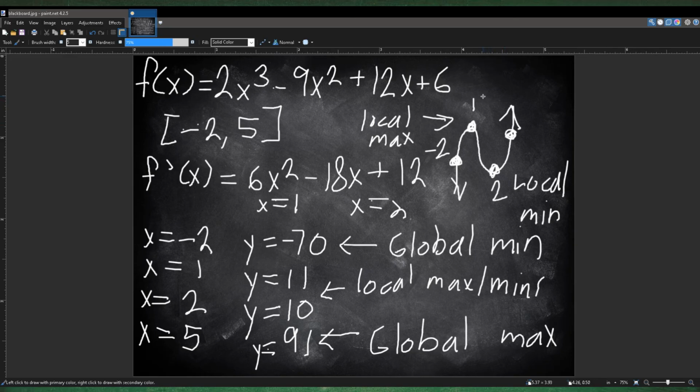It doesn't look like our global max, but since we're not scaling really well, technically x equal to 5 is somewhere over here where the curve keeps going. So this will be our global max. Same for here. This doesn't look like negative 2, but negative 2 is somewhere over here, which is our global min. I'm just using this as a reference.